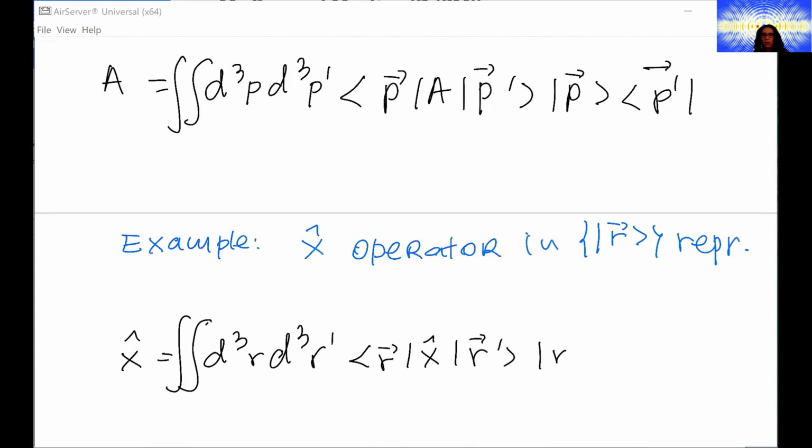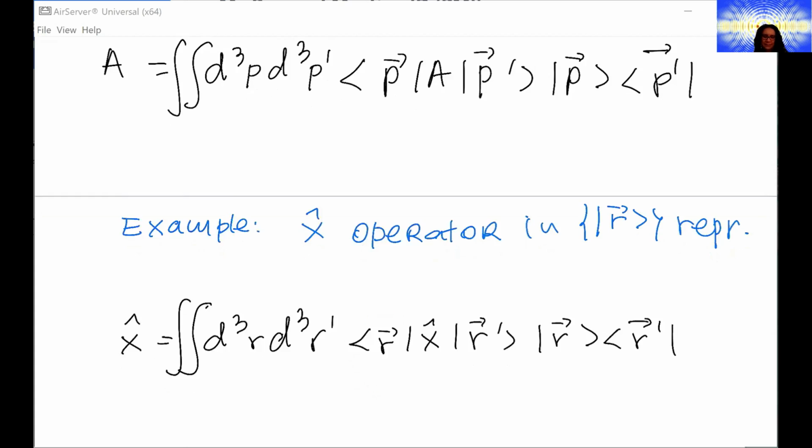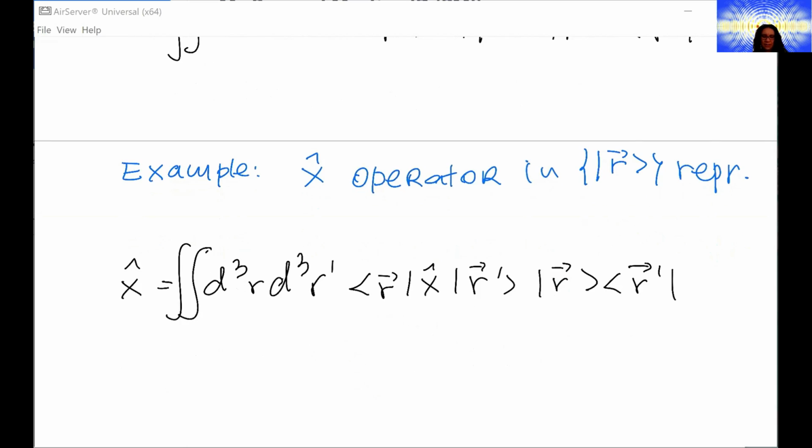Okay, so I can do two things now. I can apply <r| to the right on this guy, or I can apply X on the left to this guy. So I can choose, doesn't matter, because what I'm going to end up in the end is, let me apply here.